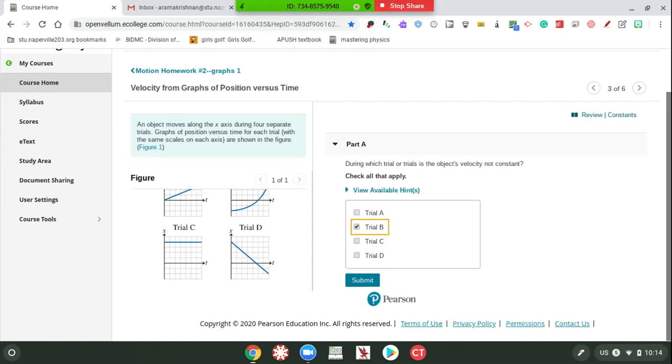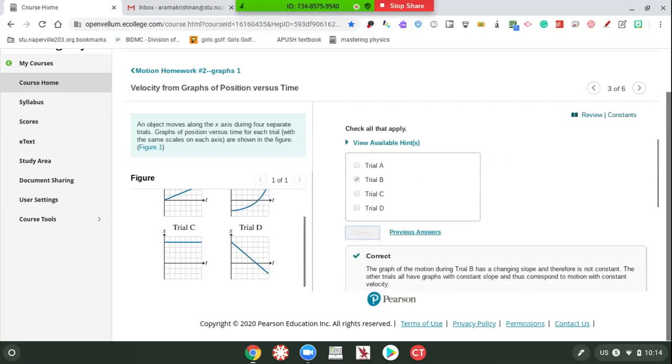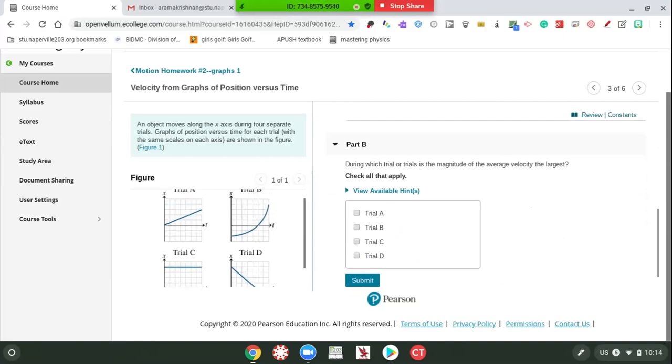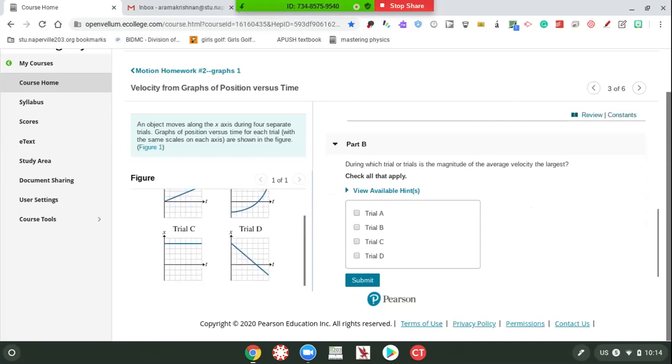If you draw a tangent here and a tangent here, the slopes of the tangents are different. But in a straight line, if you draw a tangent at any point, the slope is always the same. Okay. Next one. Magnitude of average velocity is largest. Isn't that where the slope is the greatest? No, but we have a curve also, right? You have to find delta x by delta t.